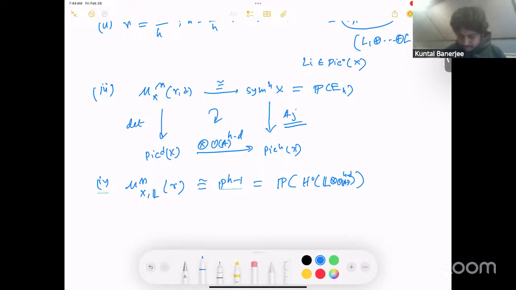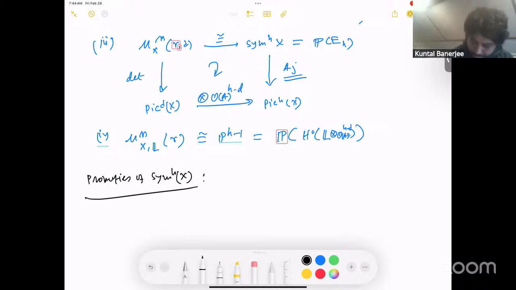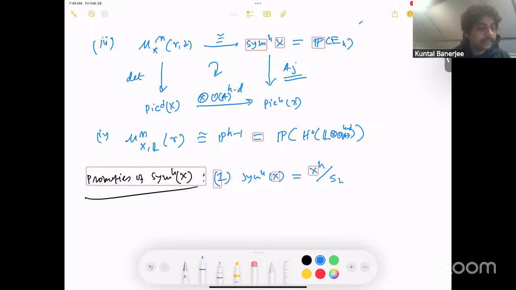So let us look at some properties of elliptic curves. I will quickly go through their properties, not go through explicit proofs. So first of all, it is actually defined in two ways. The product of H times X acted on by the symmetric group of H symbols.